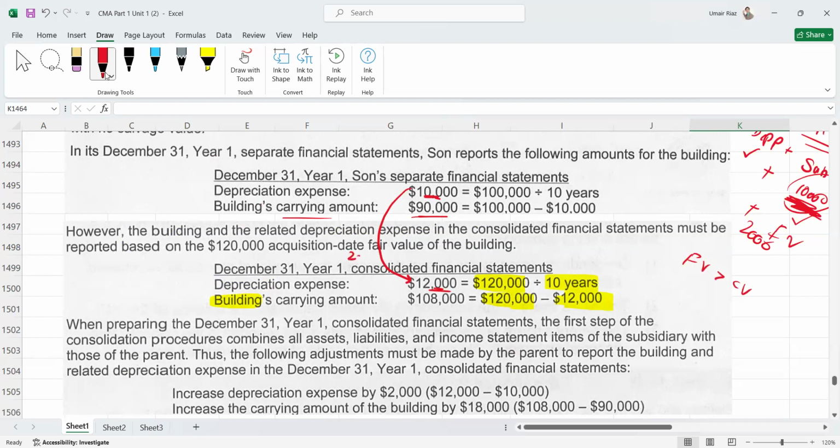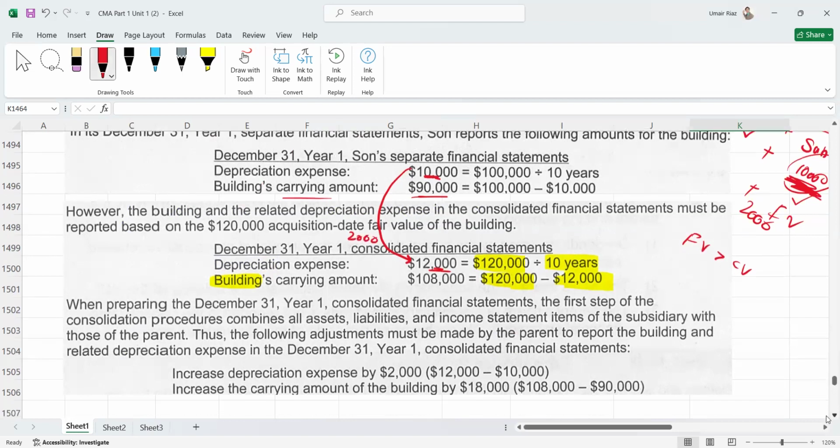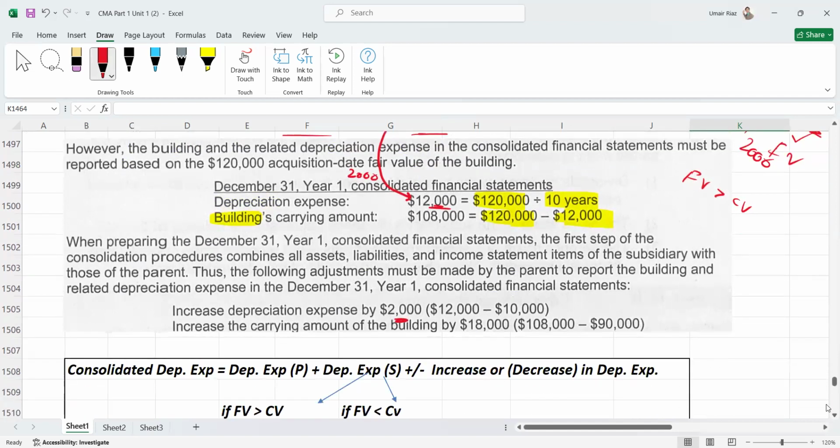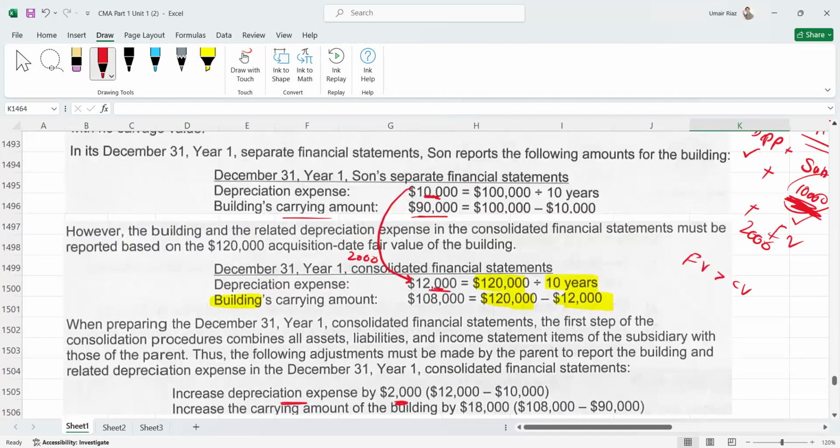The increase is 2,000. This 2,000 we will add to the consolidated depreciation expense, because 10,000 is already added. It is the depreciation of the fair value excess, and that will be added in the consolidated statements. Then, in a similar way, you have to look into the building's carrying amount.